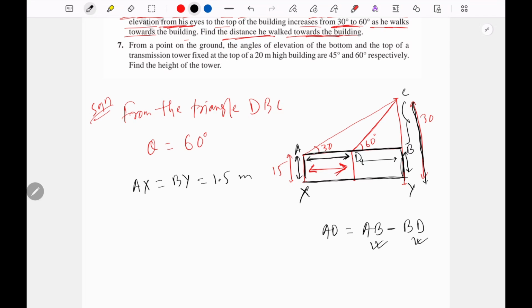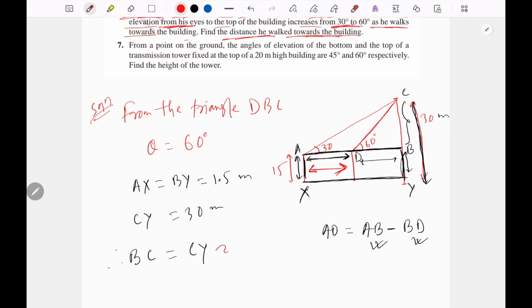Now total this CY is 30 meter. Total CY equals 30 meter. This is given. Therefore BC will be equal to how much? BC will be equal to the total length CY minus BY.